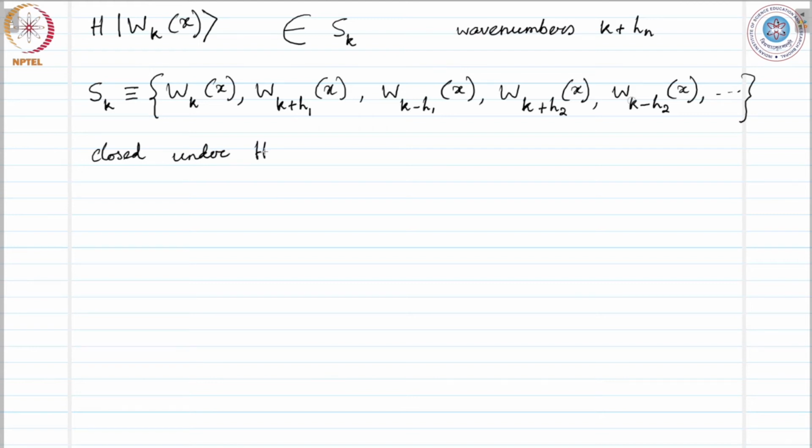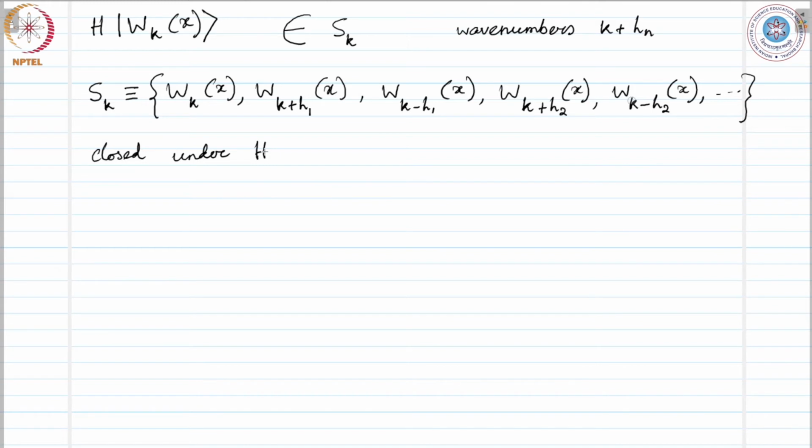That means if we apply the Hamiltonian on one of its elements, we will get another element within this set. We will get whatever element that is within this set. We won't get it outside this set.